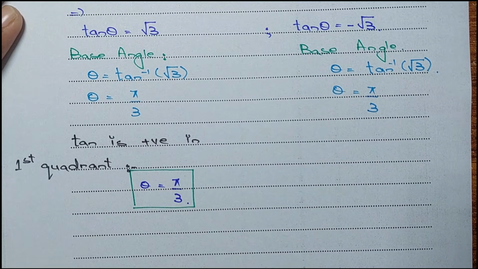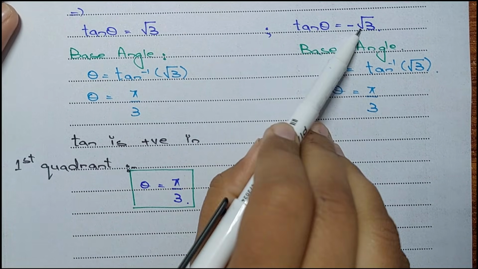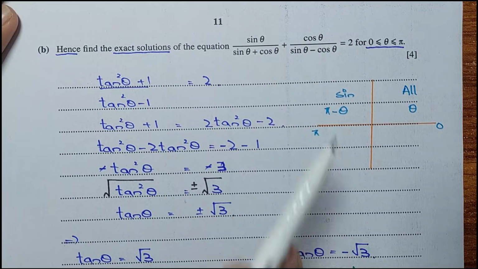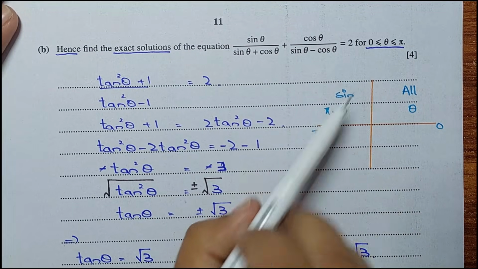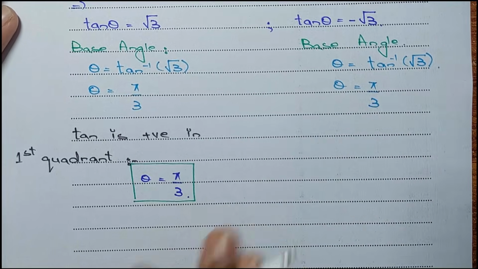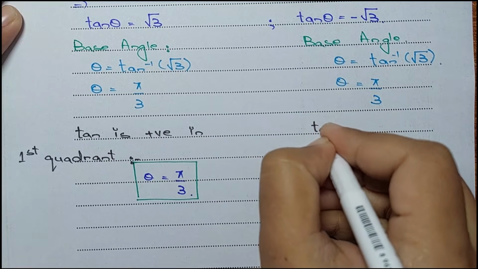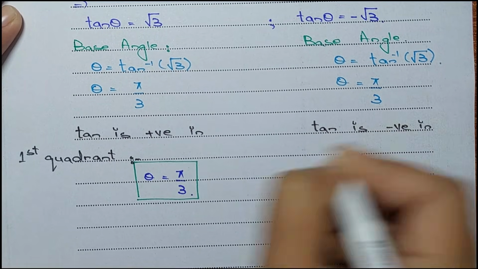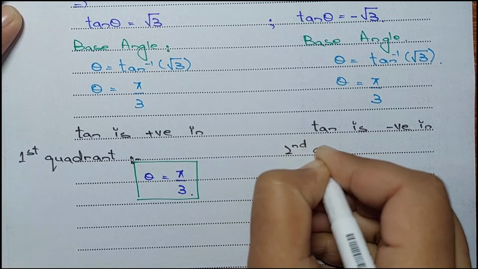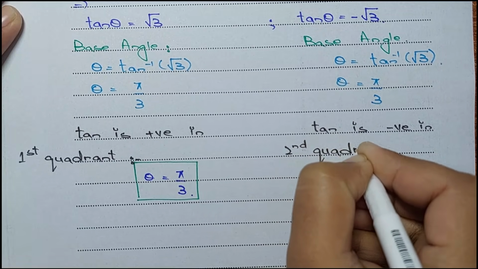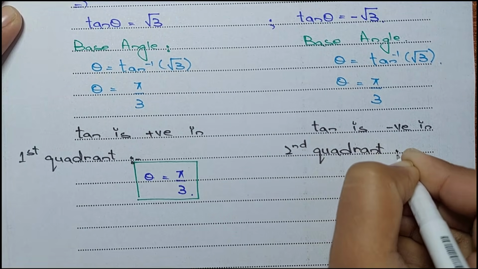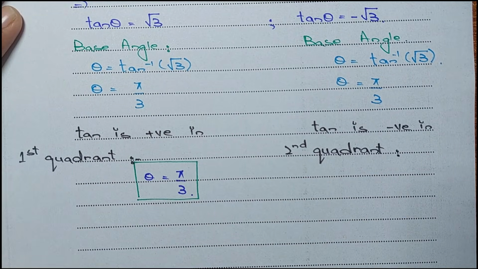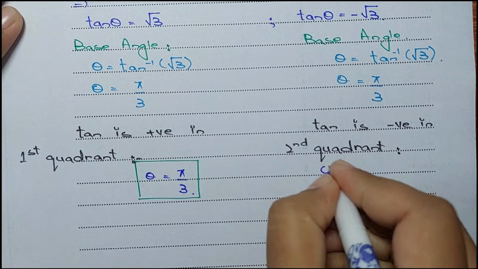Now do the second case. This tells us that tangent is negative. According to the given values of theta from 0 to pi, tangent is negative only in the second quadrant. In the second quadrant, the value of theta is pi minus the base angle.